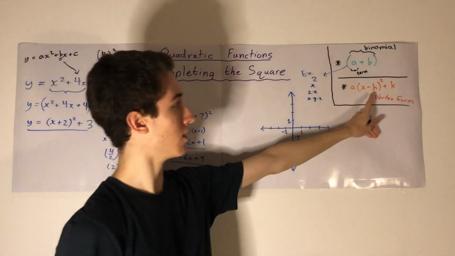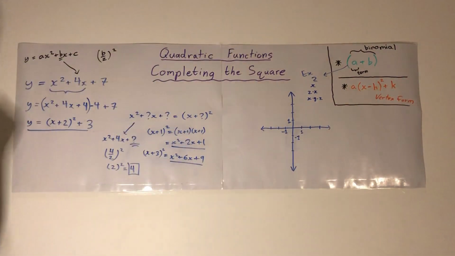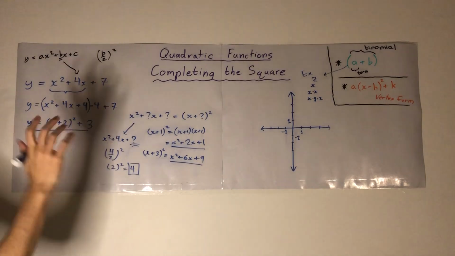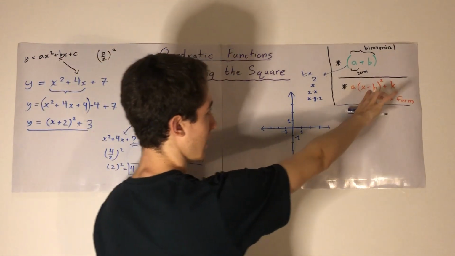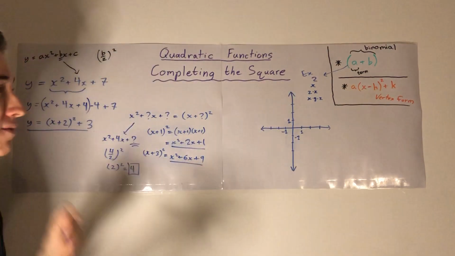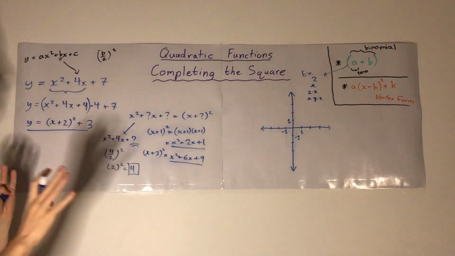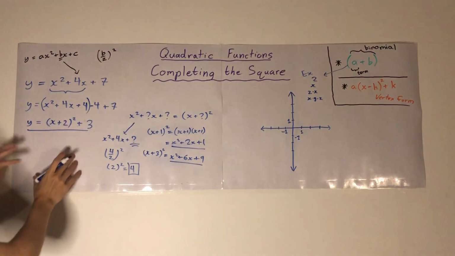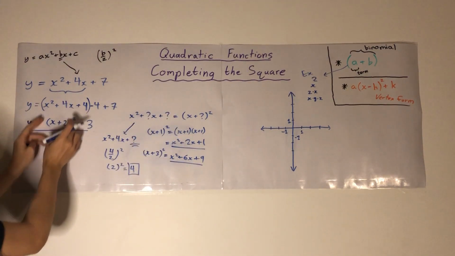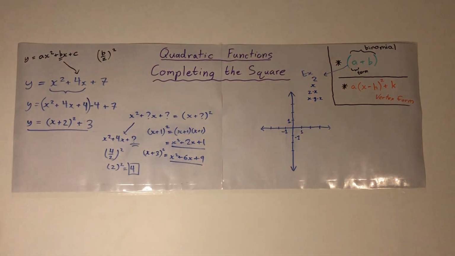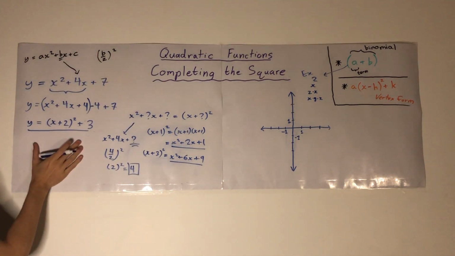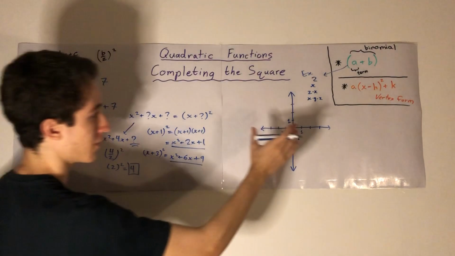And this way we have our function in vertex form. You see? Vertex form. The only thing that you're going to see is different is this subtraction sign, and that's actually very important and very confusing. But anyway, we know we have the vertex form because we have a binomial squared plus something outside, okay? Now, how do we take this and use it to graph our function?